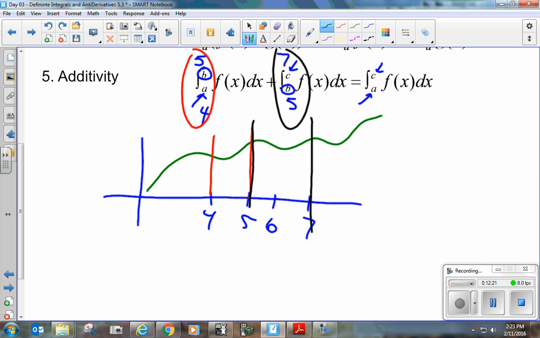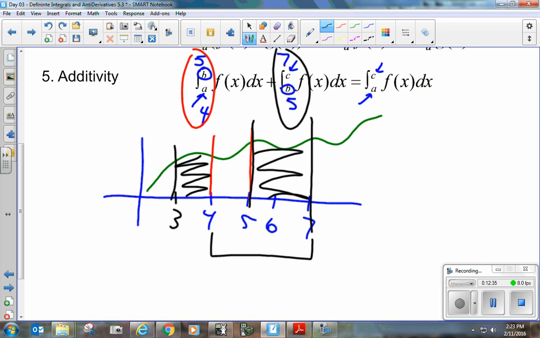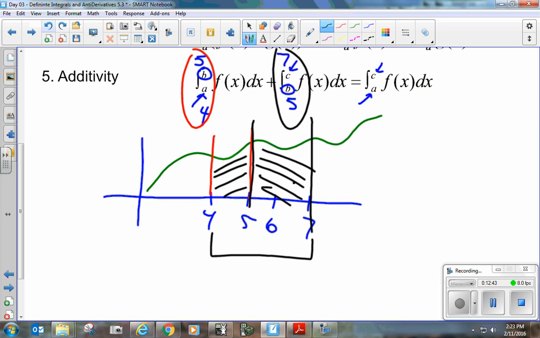Can't I just go right from here to here? That's all I'm saying. Why do 2 when you can just do 1? Now, if they wanted it from 3 to 4, and then 5 to 7, I can't do that because they're not touching, they're not connected. But as long as they want this and this, well, then I can just go to the extreme bounds. That's all I'm saying. Okay?